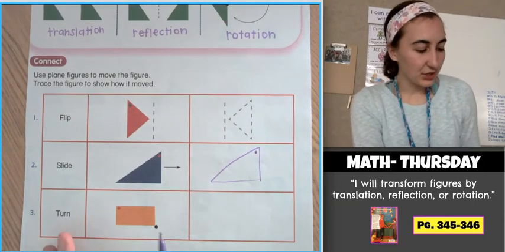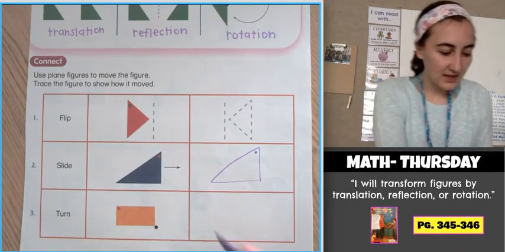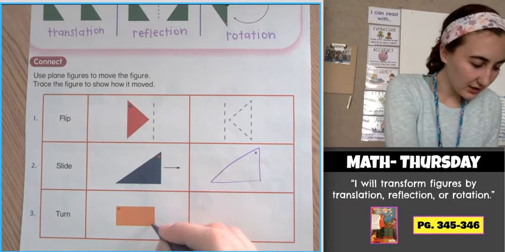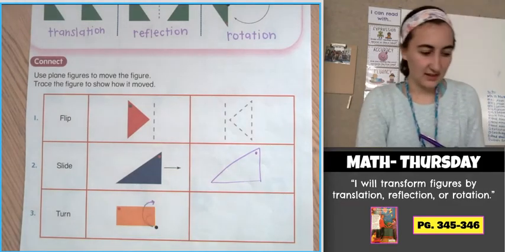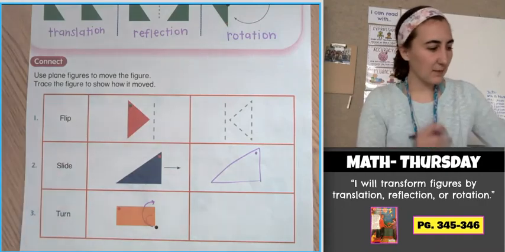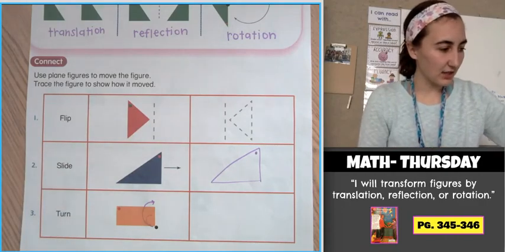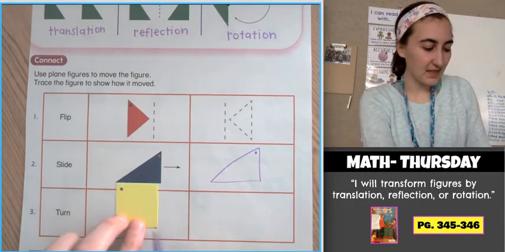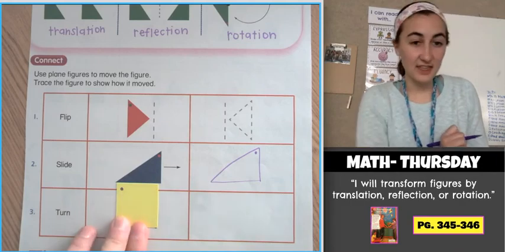Now I'm going to turn around this point. If I begin to turn in this direction, I need to think about where I would be turning. So if this is my rectangle here and I'm turning it, watch this dot here.